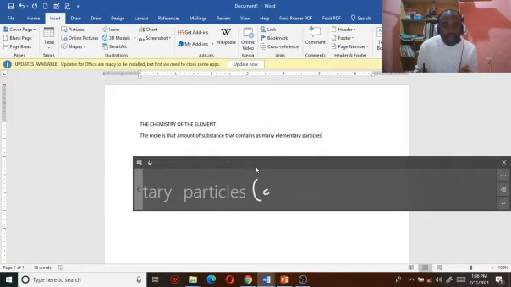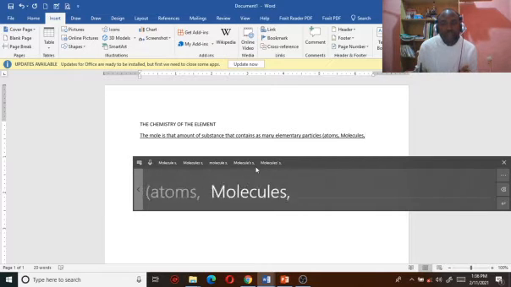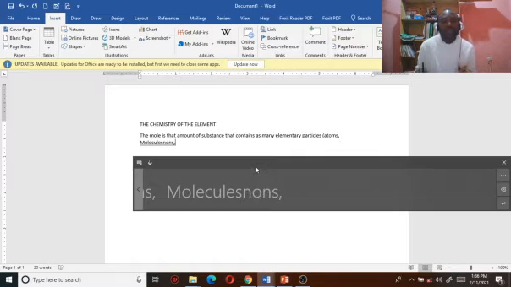The particles could be atoms, molecules. Do you see something? Ions, etc. Ions, molecules, etc.